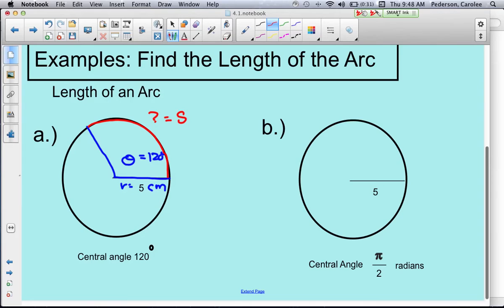We cannot use the formula quite yet. What do we have to do first? Why can we not use the formula? First, yes, correct. We have to convert that central angle to radian measure first. How do you convert 120 degrees to radians?